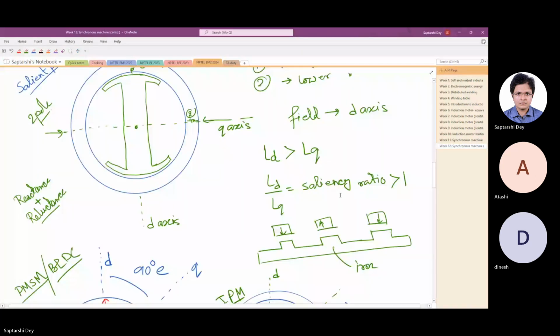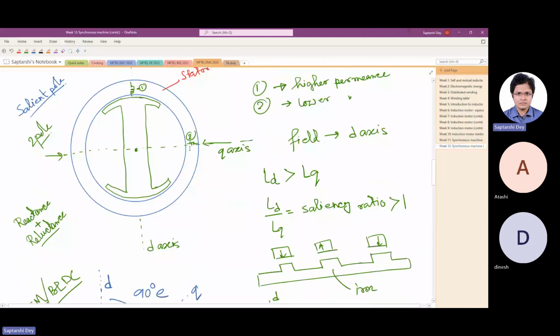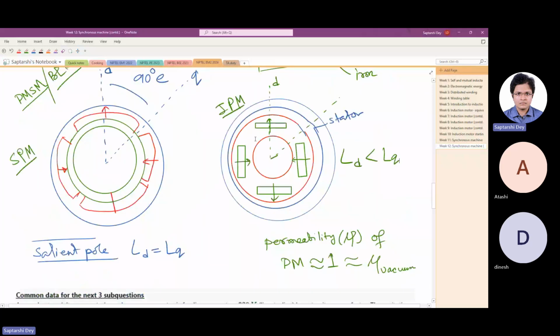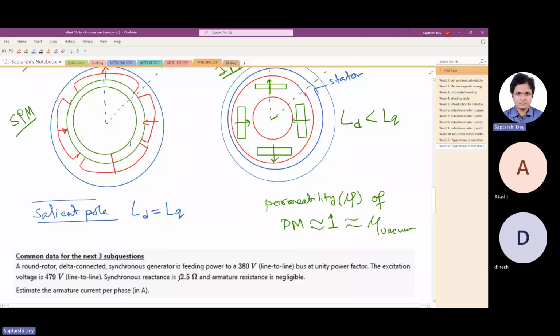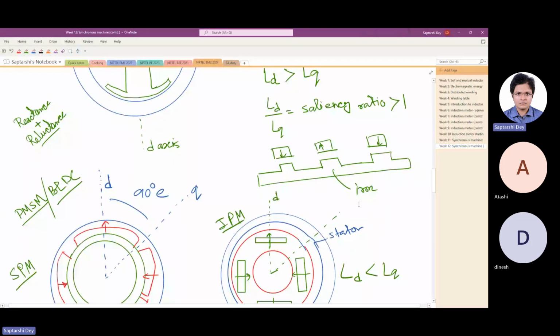For this salient pole synchronous machine, wound rotor salient pole synchronous machine, LD is greater than LQ. For this IPM, it looks cylindrical, but it is actually salient, and the saliency is opposite. LD is less than LQ.